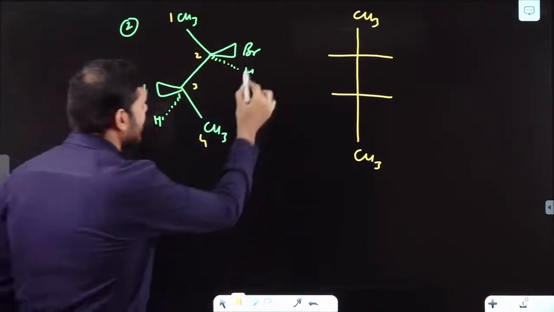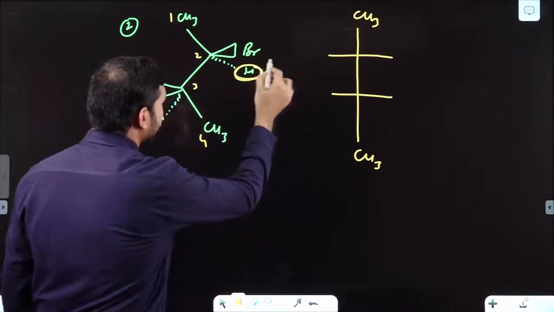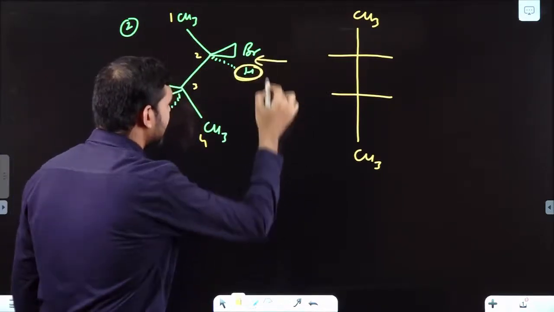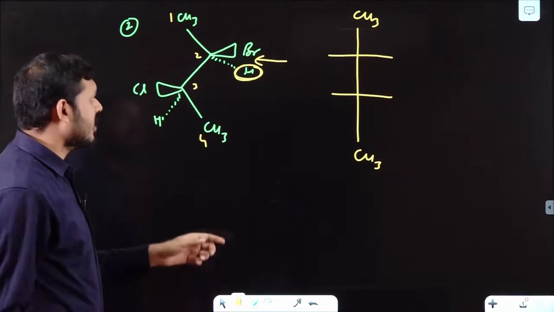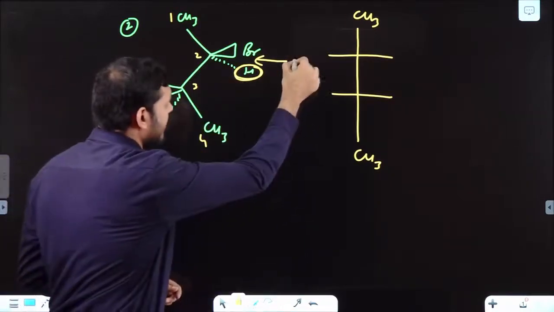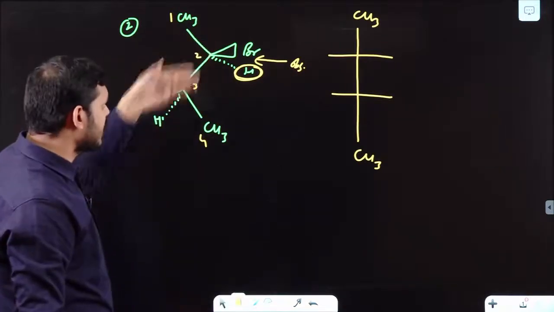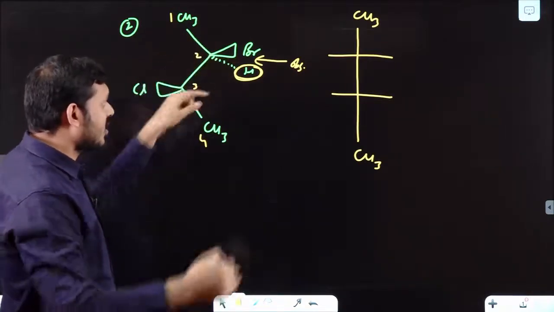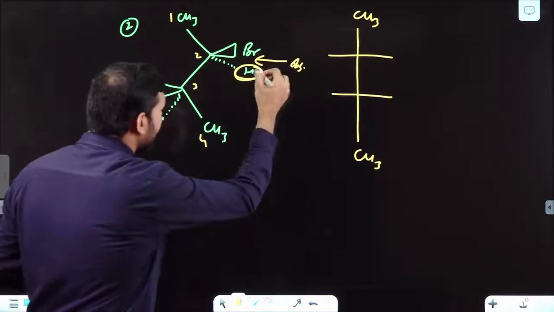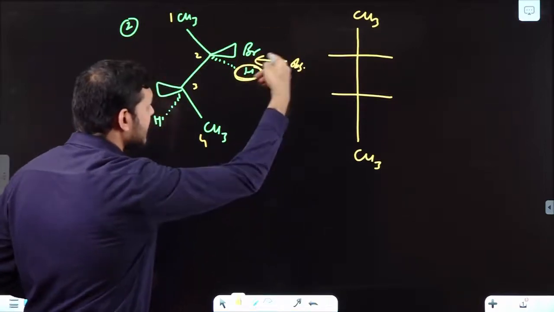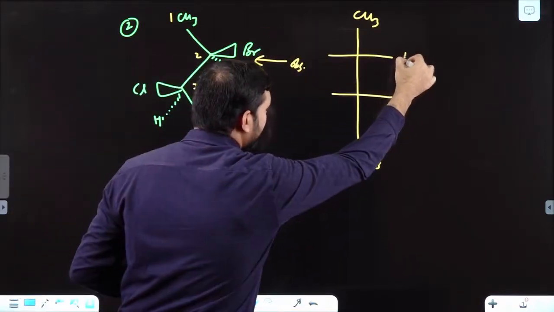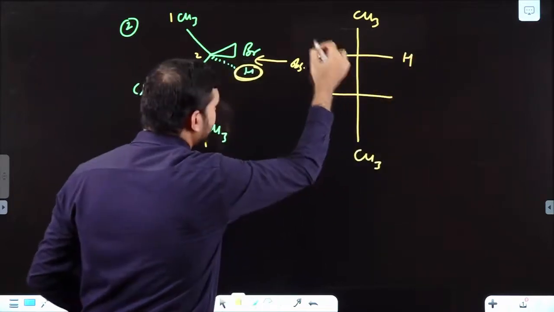Okay, so here this dash group, because if you are observing as an observer here, then you will find this bromine is this side and hydrogen that side. So for the observer standing here, you will see hydrogen will be that side, means right side. So hydrogen here and bromine this side.